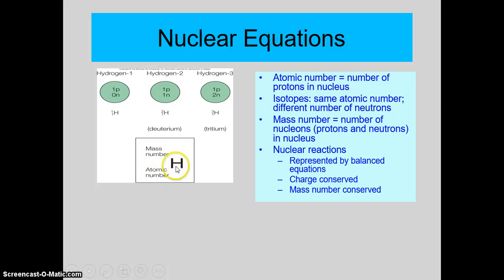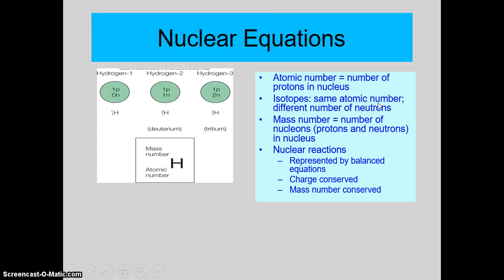There's nothing else that has 6 protons, only carbon. And that's true for everything on the periodic table. However, the mass number can change vastly. These are what we would call isotopes. It's the same atomic number, the same number of protons, but differing numbers of neutrons. So you can have a lot of different neutrons in the atom.